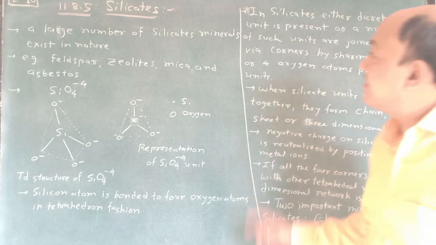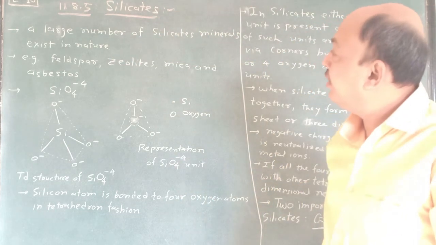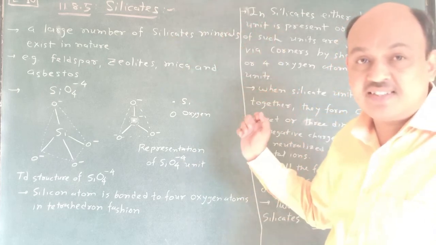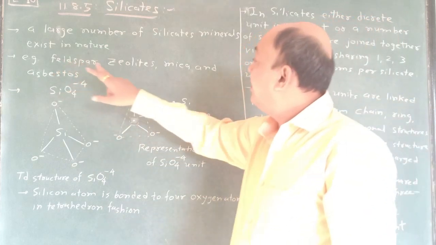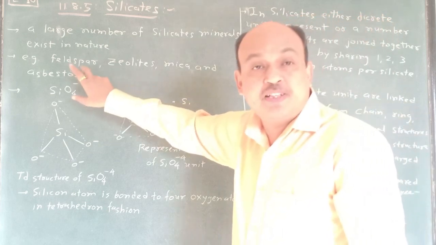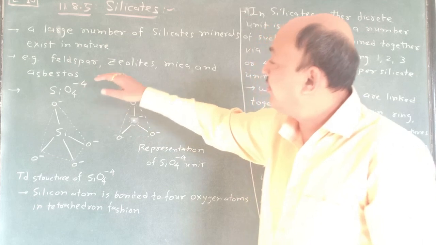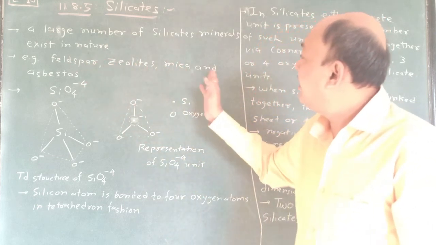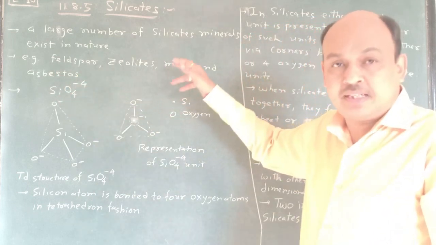The last sentence is this: a large number of silicate minerals exist in nature, but man-made ones are glass and cement. For example, feldspar, zeolites, mica, and asbestos. These silicates are well known: feldspar, zeolites, mica, and asbestos.